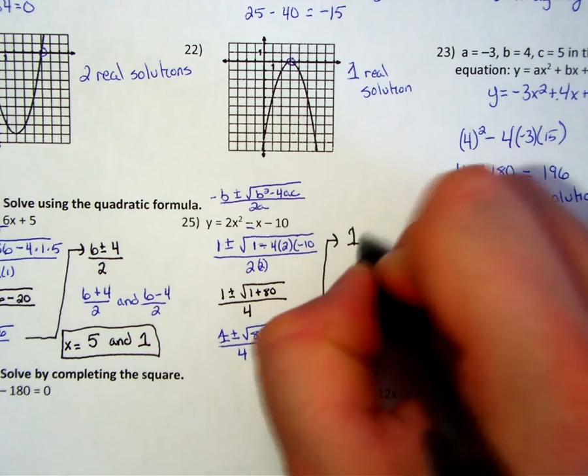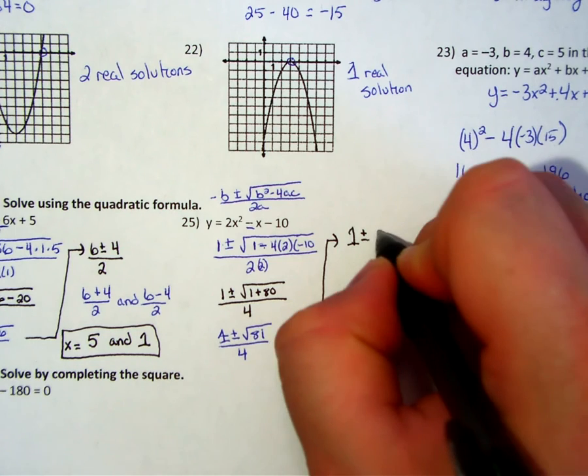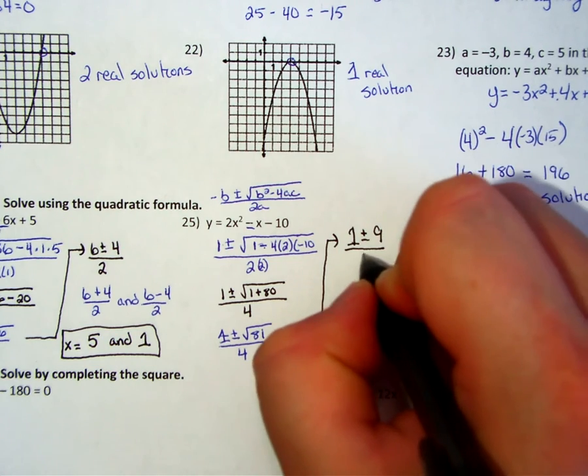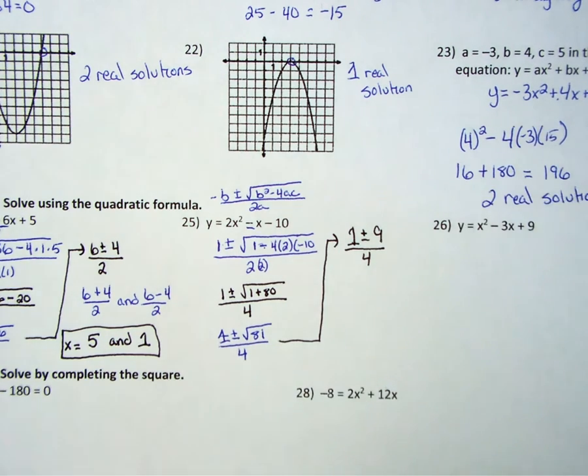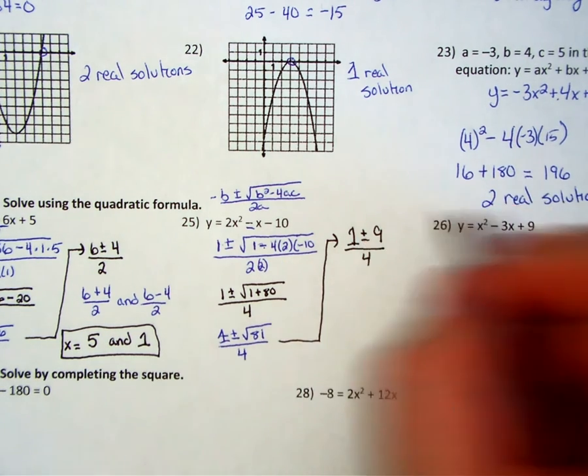1 plus or minus 9 divided by 4, and we're going to split it. So I don't need a plus or minus anymore.